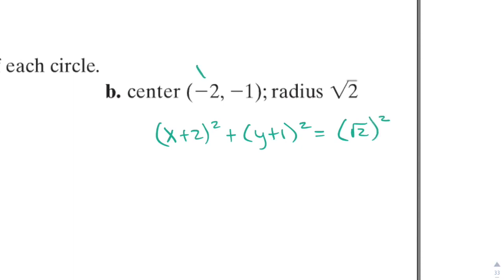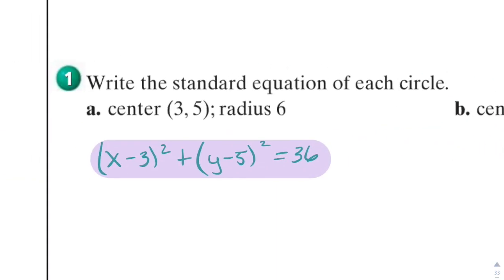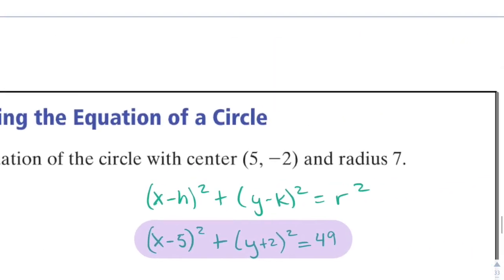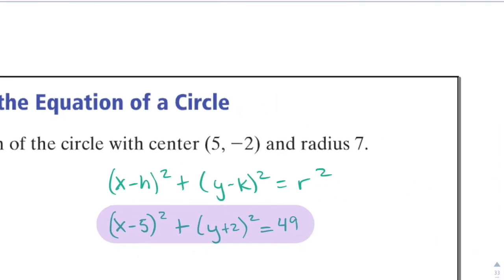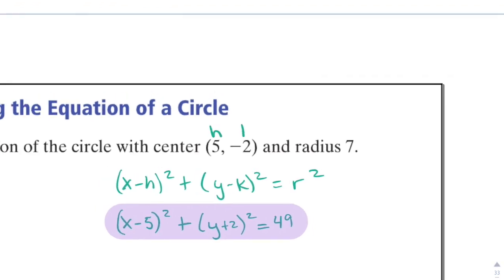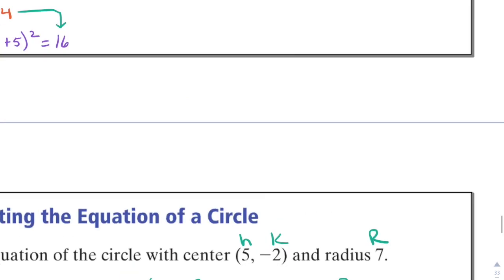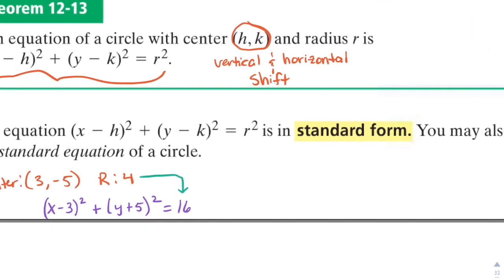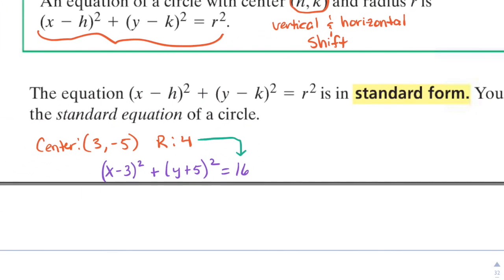So this was my h, this is my k, this is my r. I'll label all these h, k, and r just so that you see where I'm pulling them from. It's really x, y, z, but I mean x, y, r. So h, k, r.